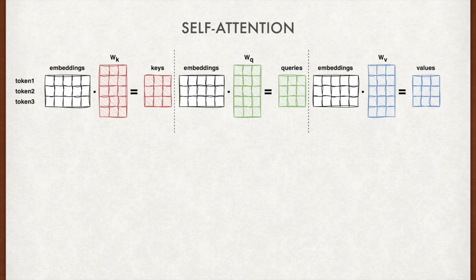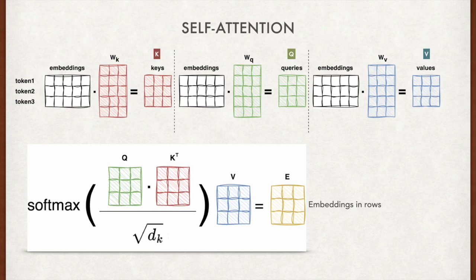We already showed that keys, queries, and values can be calculated at the same time for every token if we stack the input embeddings and transform them using transformation matrices. The resulting matrices can be directly used to calculate all the described processing steps using a single equation.